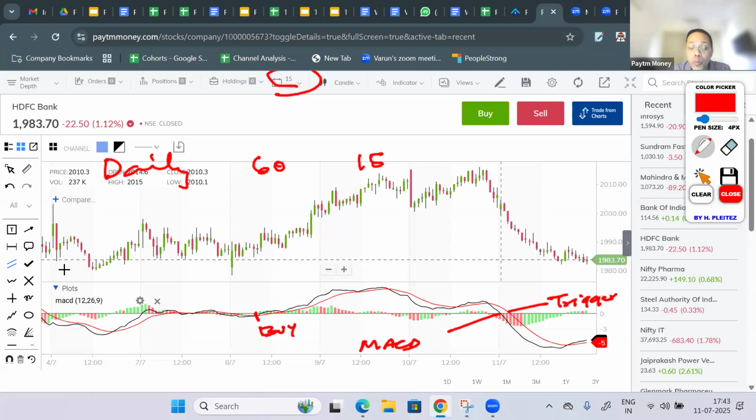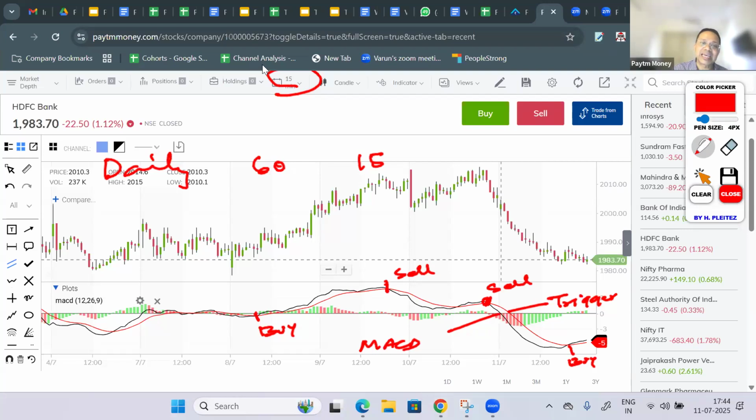When the MACD line crosses the trigger line from above, this is a sell signal. Here, what signal is this? It's a sell signal, because the MACD line crosses the trigger line from above. Now, this is a buy signal. I'm sure you got it now.